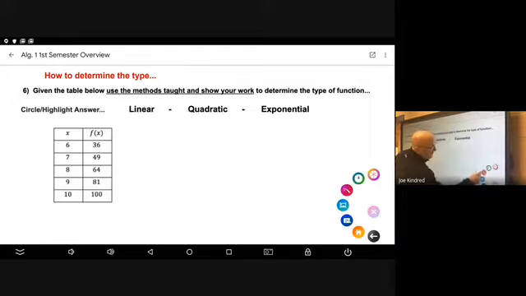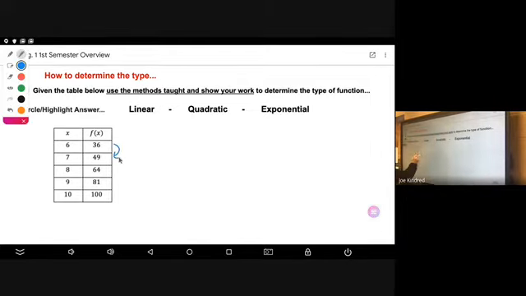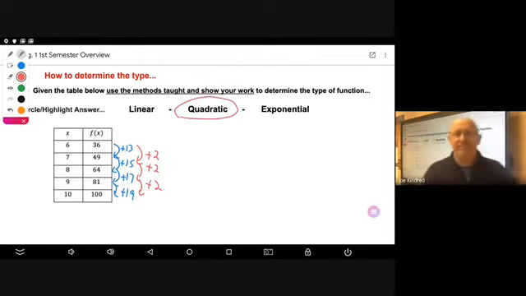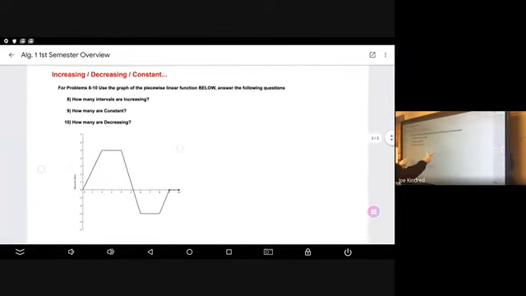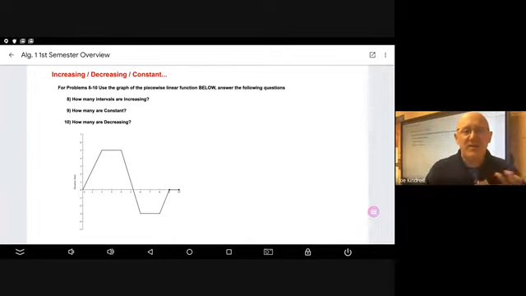We're looking for what's the pattern, and we start with the first difference. So that's how you would do that problem.